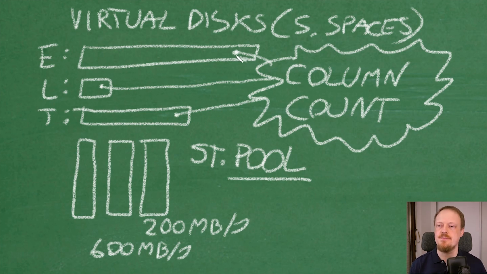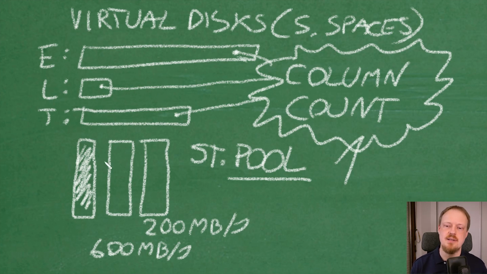For example, if we define column count 1, that means for this E drive we will use only one disk at a time. It will switch to the second one, to the third one, again to the first one, but at one time you will use only one disk, which means you will get the speed of only one disk, currently 200 megabytes per second.